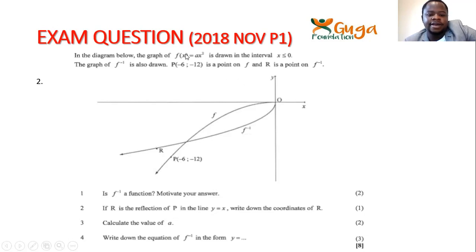The value of a here is on the graph of f of x. You just substitute the point P on the graph, then you solve, it will be -12 is equal to a times (-6) squared, then you solve for a. That should be simple, it's pure math, simple.